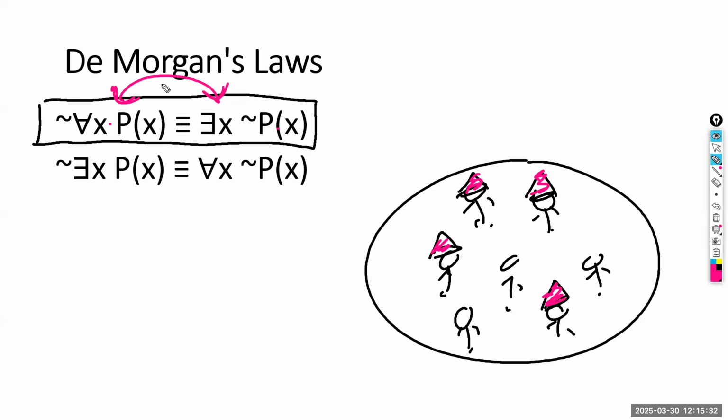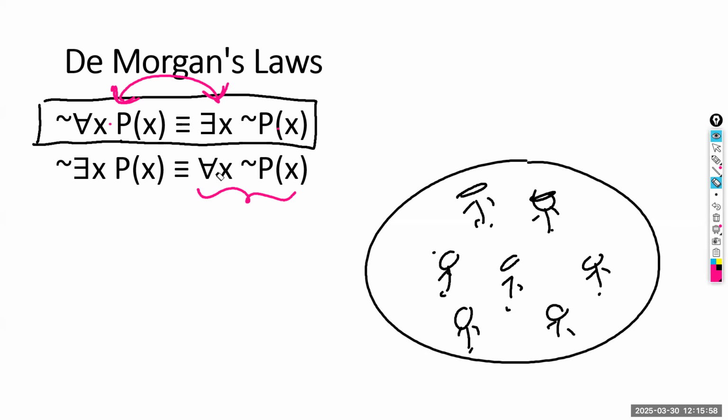So what about this? Everyone is not wearing a hat. What kind of situation can I say this in? Everyone is not wearing a hat. So that means the situation is like this: no one is wearing a hat. So then this statement is correct, right?